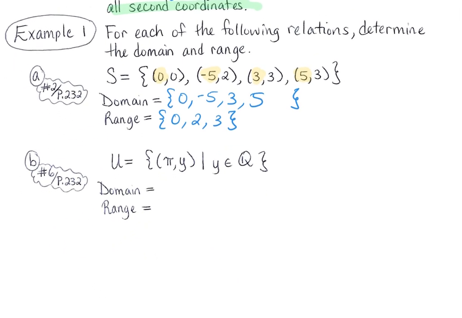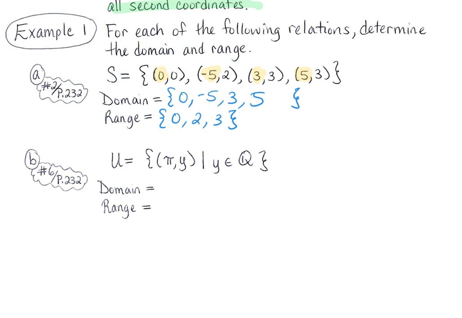You may have relations that are set up a little bit differently. Watch it. U is the set of all, what's this symbol? Pi. Right. U is the set of all pairs (pi, y). What's this bar? It's not absolute value. Whenever we have it in a set, it means such that. If we have two of those bars around an expression, that means absolute value. So let me first help you interpret this.